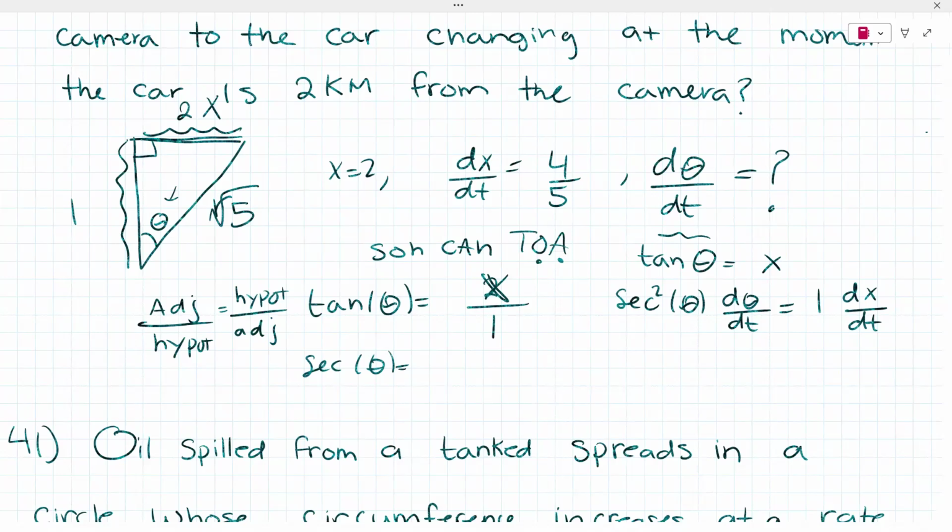The hypotenuse is radical 5 and the adjacent side is 1. So secant squared theta is squaring the radical 5, and radical 5 squared is 5.